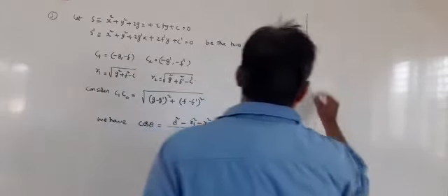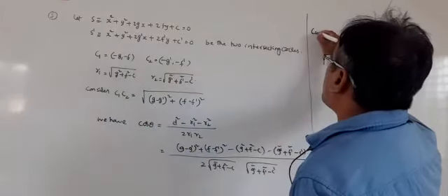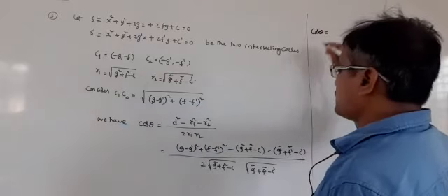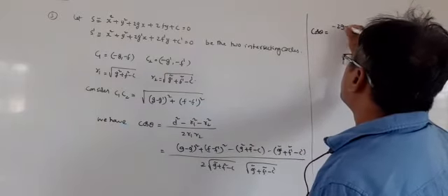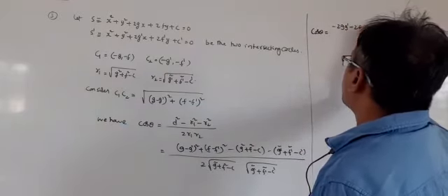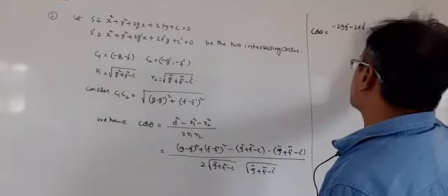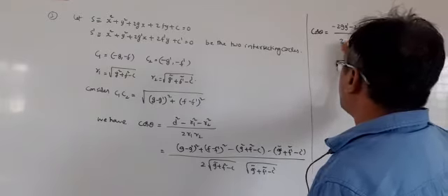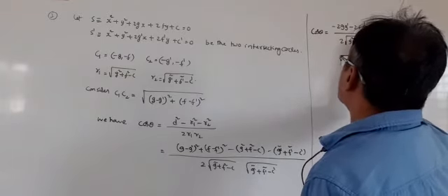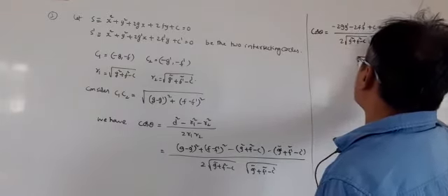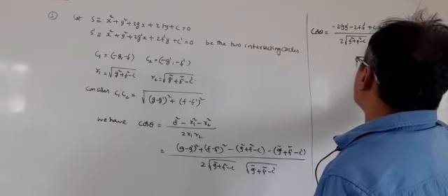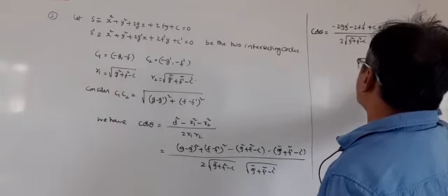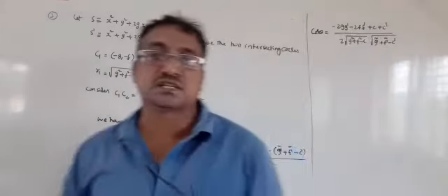Now you are going to have cos theta is equal to minus 2gg dash minus 2ff dash plus c plus c dash by 2 root g square plus f square minus c root of g dash square plus f dash square minus c dash.